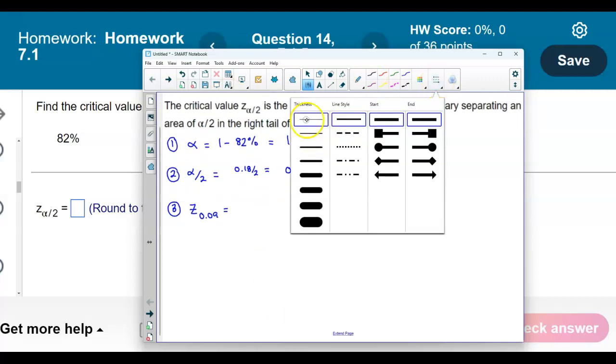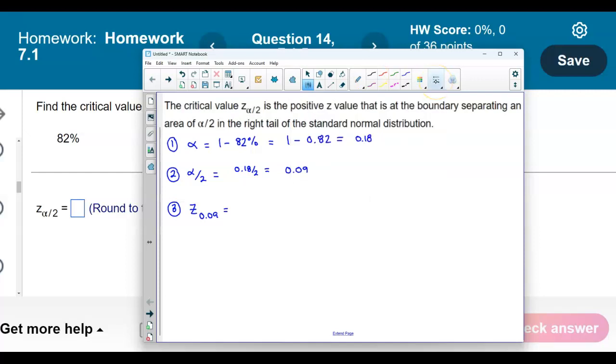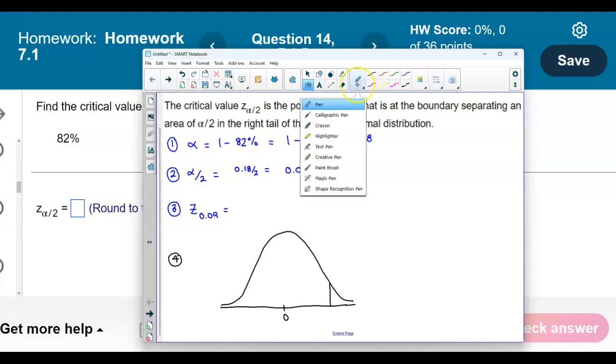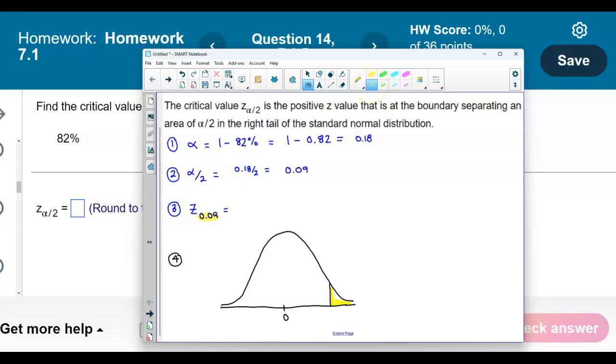So let's go ahead and draw our normal distribution. We know that the mean is going to be 0. And so the area that's shaded to the right, in this case, is 0.09.